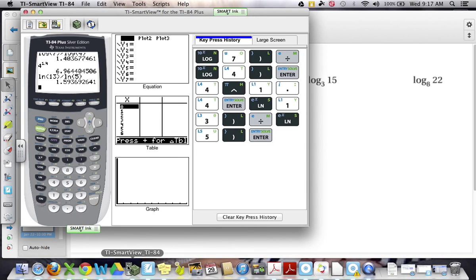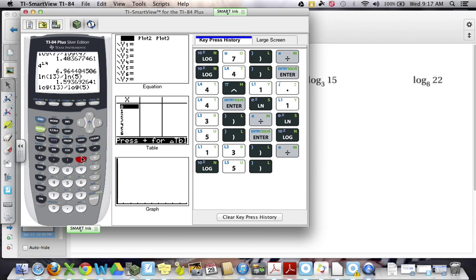If we go back and use common logs, the common log of 13 divided by the common log of 5, you should get exactly the same answer, 1.593692641. It's exactly the same. So it does not matter if you use common logs or natural logs. You could use any base you want, but we use natural logs and common logs because we have buttons for them on our calculator, log and ln. Those are the ones that are going to be easiest to use.